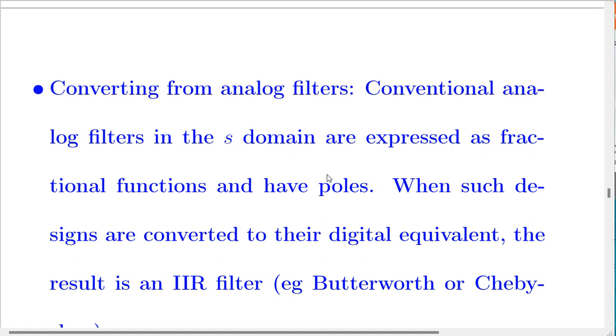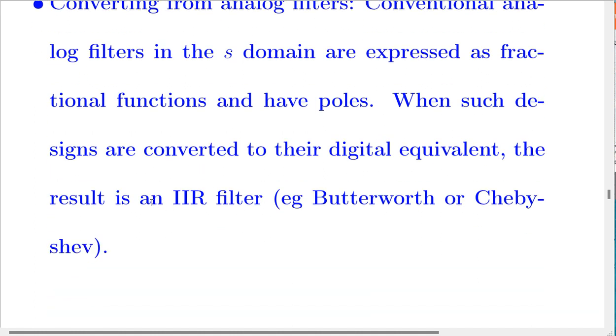Definitely, all types of analog filters are IIR. No doubt about it. When such designs are converted to their digital equivalent, the result is an IIR filter. For example, Butterworth, Chebyshev, or elliptic, and so on, if you are familiar with analog design.